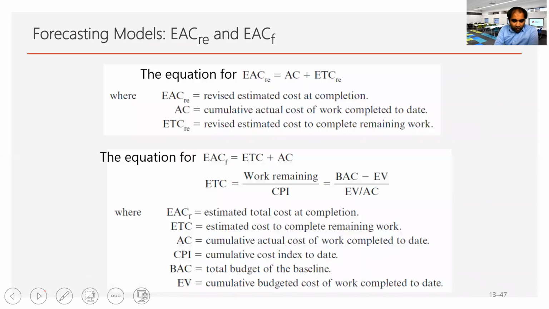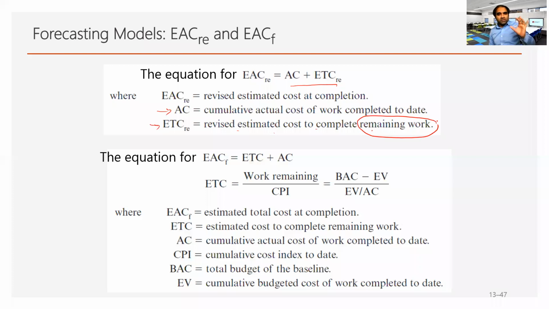We use specific formulas: AC plus ETC. AC is the accumulated actual cost. ETC is the revised estimated cost to complete the remaining work, where we look at, for example, E and F still remaining, and 90% of C is done, 10% is remaining.